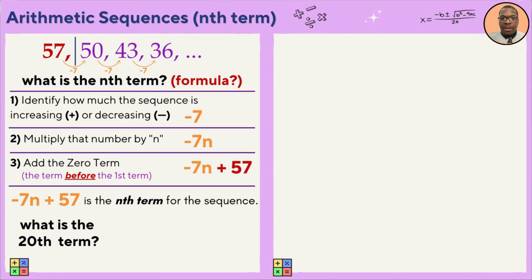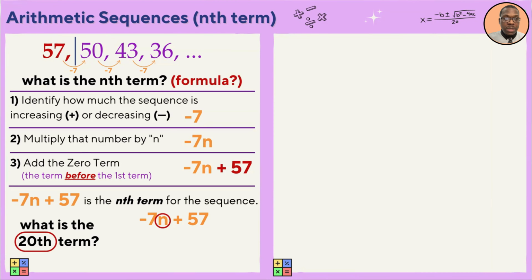So if I asked you a question like, what is the 20th term? Instead of you subtracting 7, subtracting 7, subtracting 7 20 different times, you can simply plug the number into the formula and get the answer within seconds. So our formula is negative 7n plus 57. N is for number. The number that we're looking for is 20.